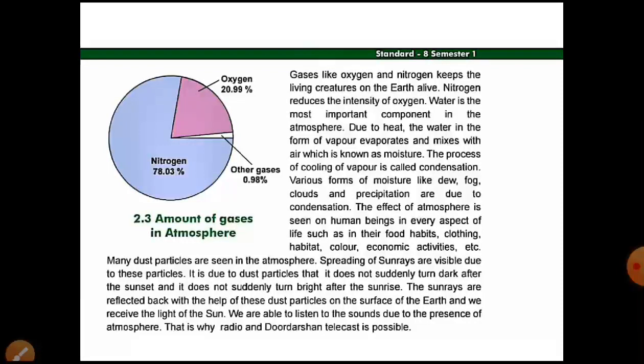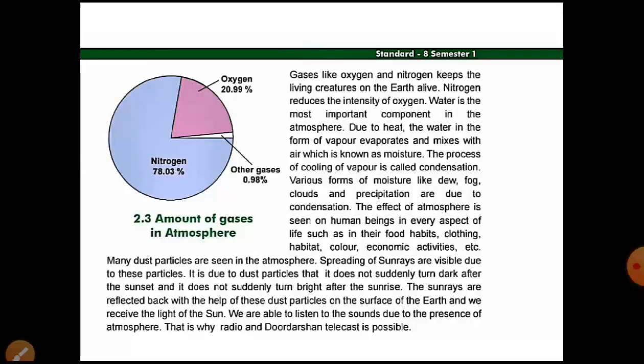How? For example, the atmosphere at the polar region is totally different from the areas nearby the equator. Nearby the polar region, people wear woolen clothes, while at the equator people wear cotton clothes.